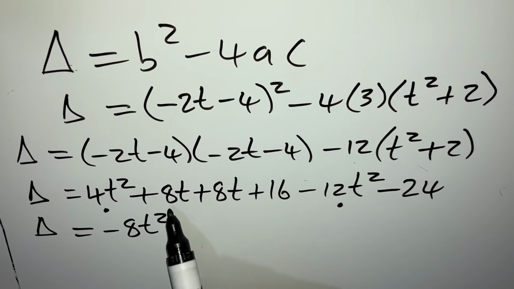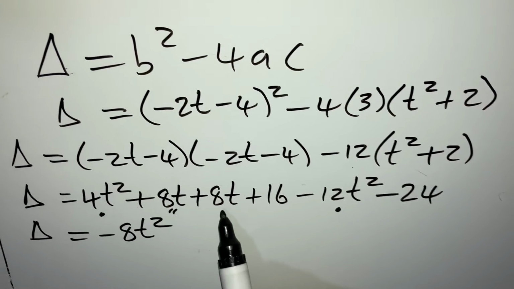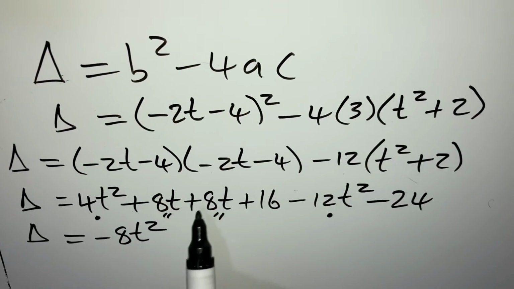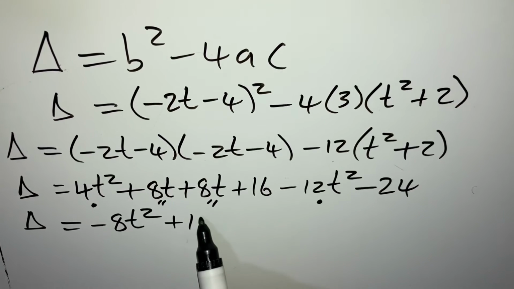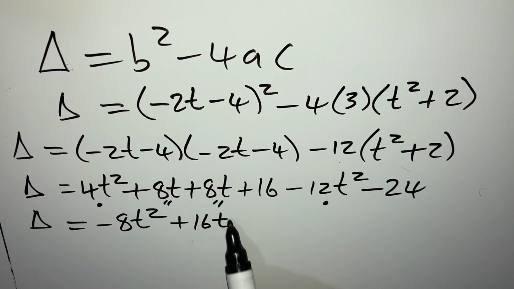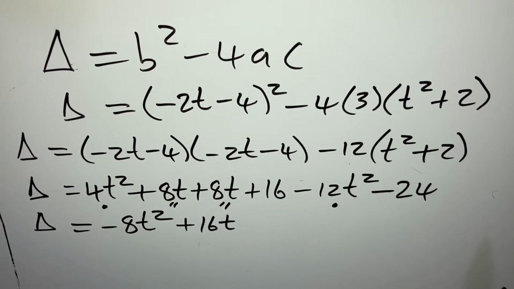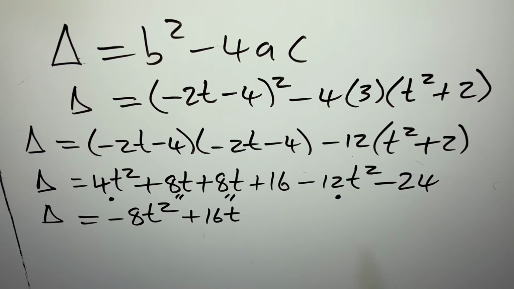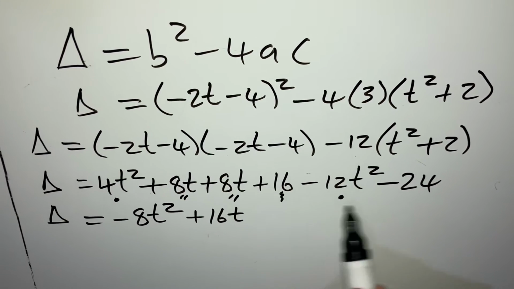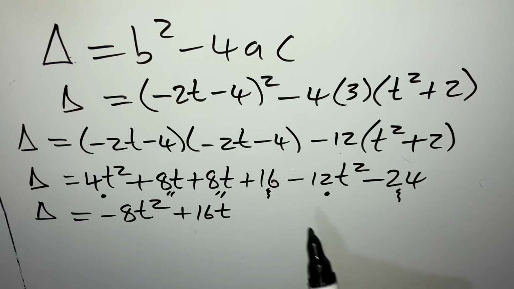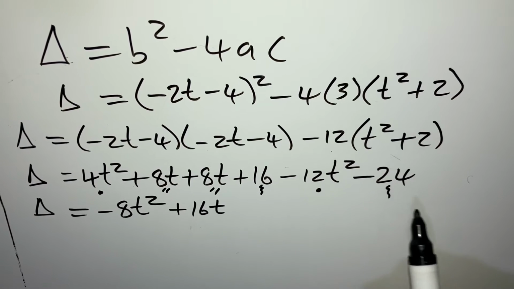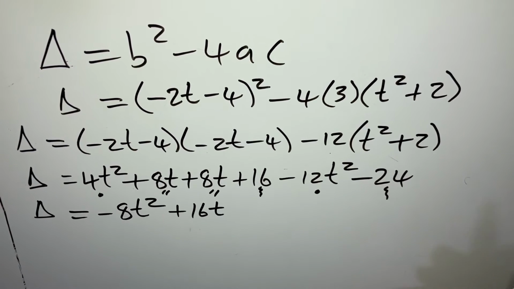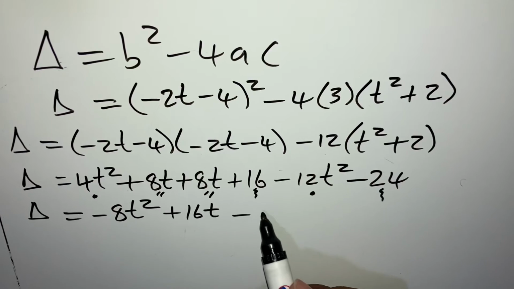Then the other like terms that you have are 8t plus 8t, you get plus 16t. Then the other like terms that you have, 16 minus 24, you get negative 8.